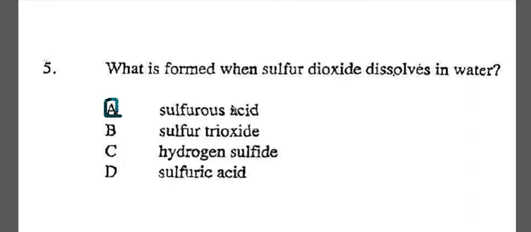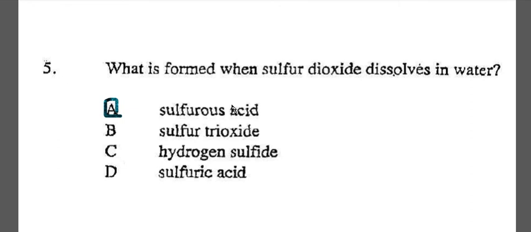Okay, so sulfurous acid is the right answer. We can also look at the other options. Sulfur trioxide is not formed in this reaction. For making sulfur trioxide, we have to do another reaction: we have to react sulfur dioxide with oxygen in the presence of a catalyst. Hydrogen sulfide is another compound, it cannot be formed.